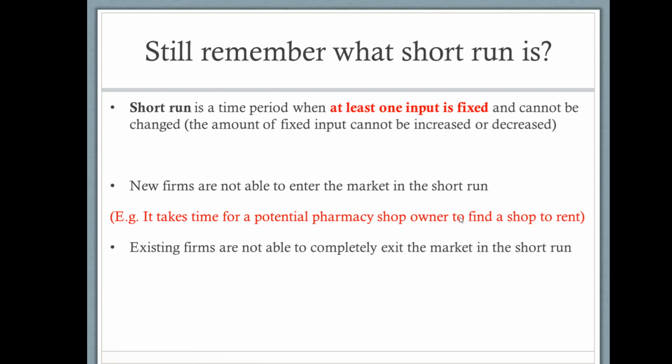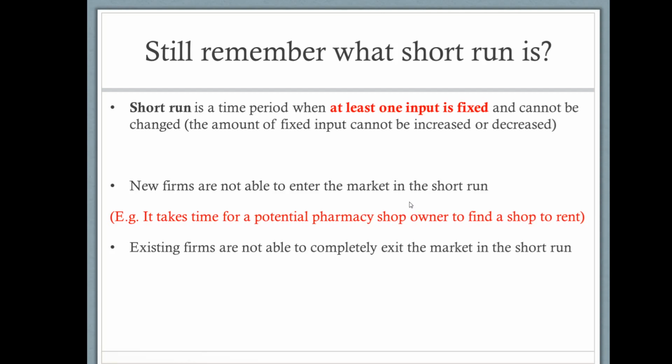Some firms will earn economic profit, some firms will make a draw, like normal profit, and some firms are going to make a loss. But the firms who are making a loss are not able to completely exit the market in the short run. Why is that?